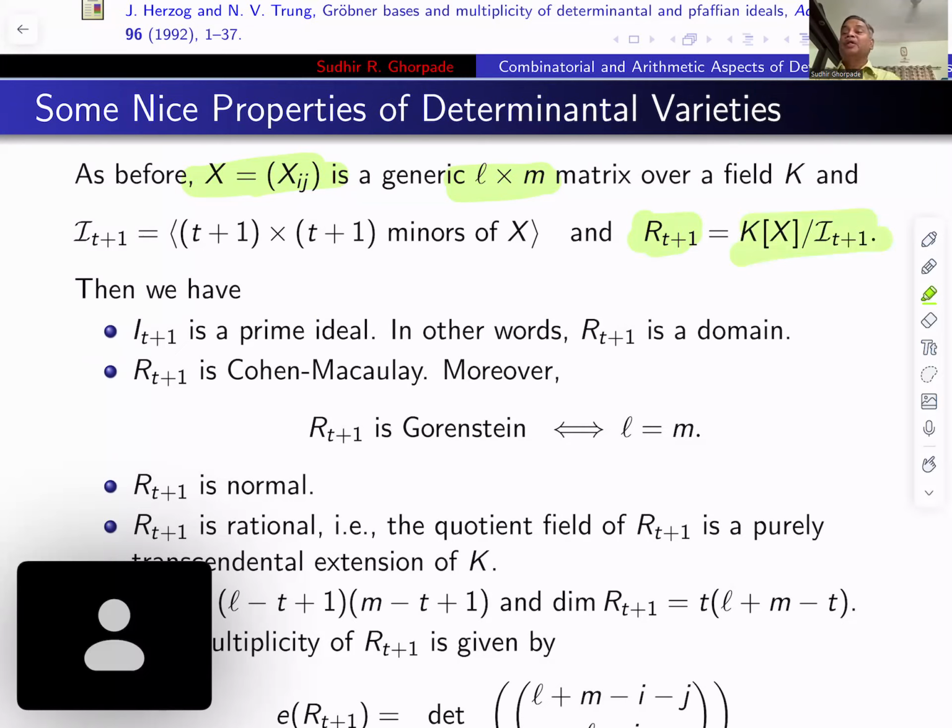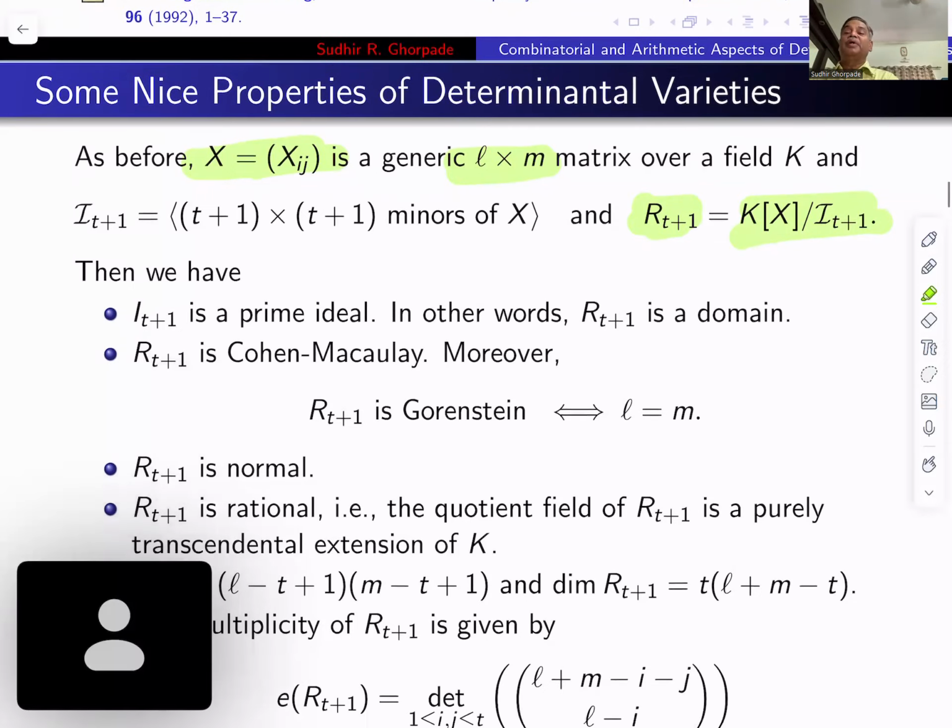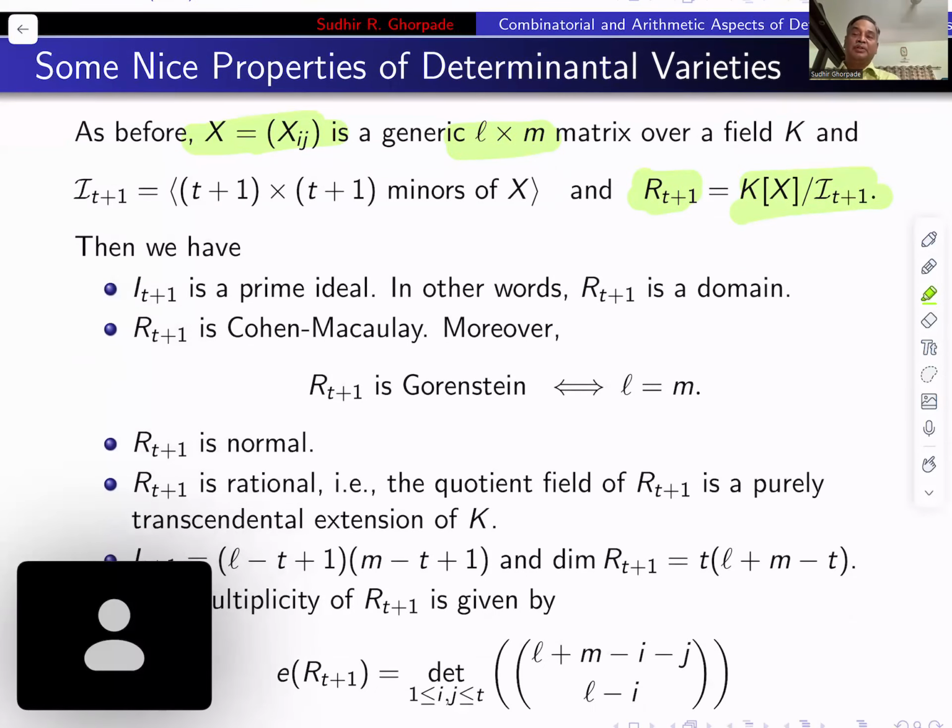Okay. So as I stated already, Pascal, Mount, and so on, that tells you that I_{T+1} is a prime ideal. In other words, this determinantal ring R_{T+1} is an integral domain. Furthermore, it is known that it is Cohen-Macaulay. If you want to say it in geometric words, this says that the determinantal variety D-hat_T is arithmetically Cohen-Macaulay.